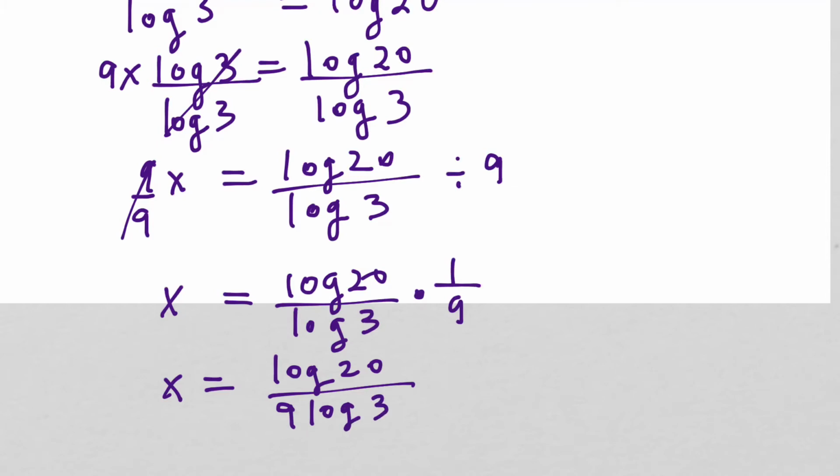So essentially, if you're dividing by 9 here, the 9 goes in the denominator beside the log 3. All right, so this is called your exact solution. And if you had to punch this into the calculator for whatever reason, you would want to make sure that you used parentheses properly around this entire denominator.